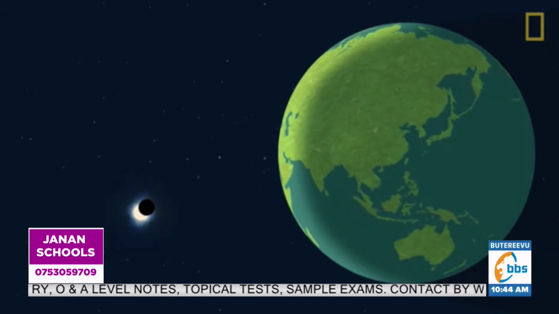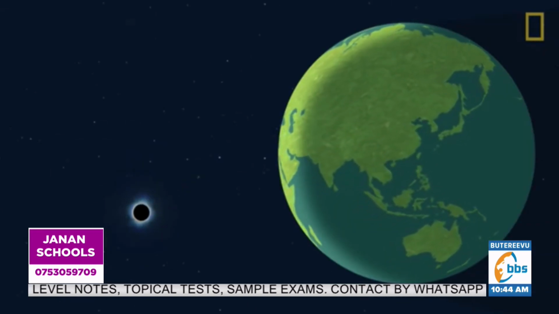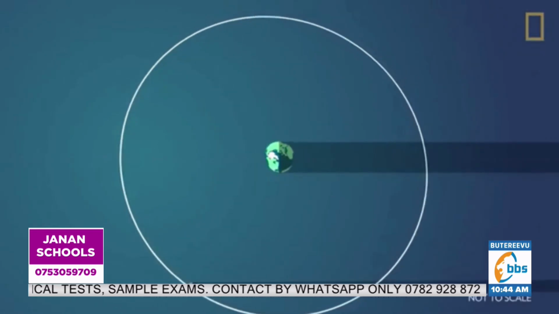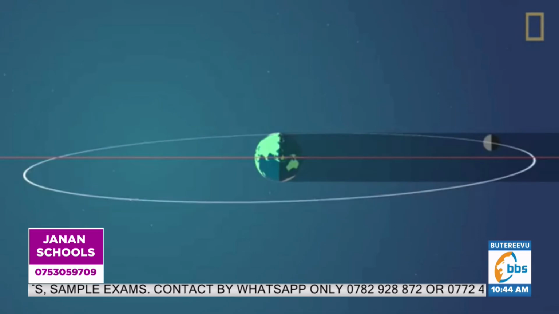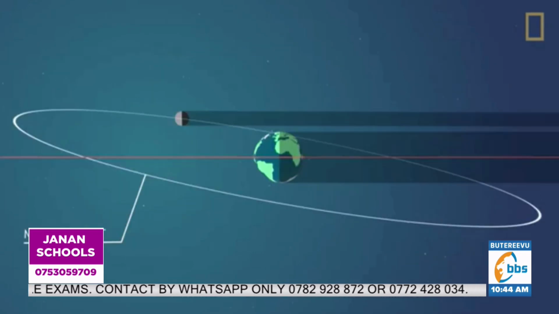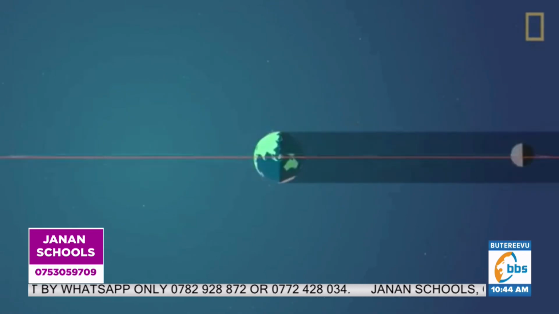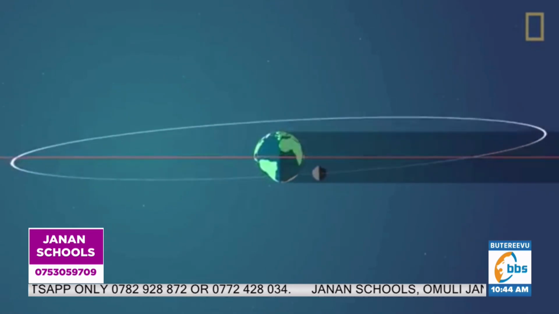They say that the distance from the moon to the earth is about 384,400 kilometers. That is the distance.